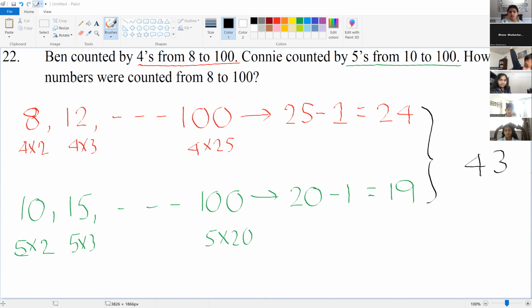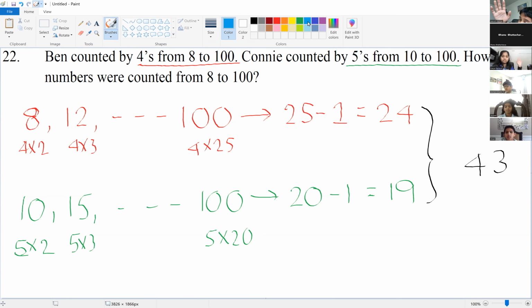It said how many numbers were counted from 8 to 100. Okay, so that's one thing. Both numbers started at 8 or 10, but there is one piece missing. What is it, Akshaya? So a couple of the numbers can be repeated in the sets. The numbers that are repeated are 20, 40, 60, 80, and 100.